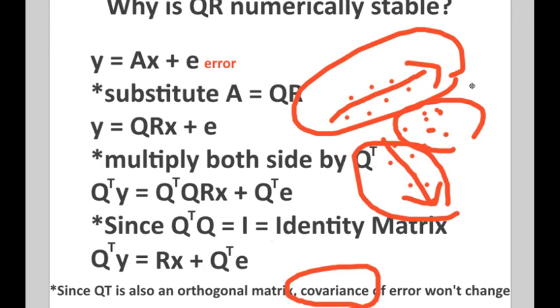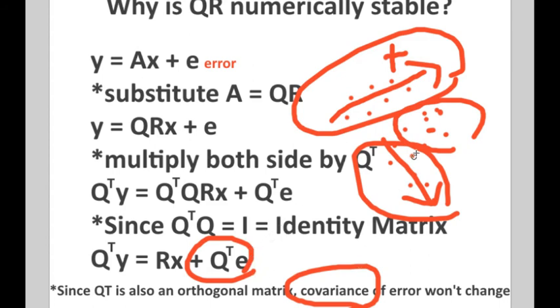And what we're saying when the covariance doesn't change is, if the error has a positive correlation, then Q transpose times E is also going to be positive.